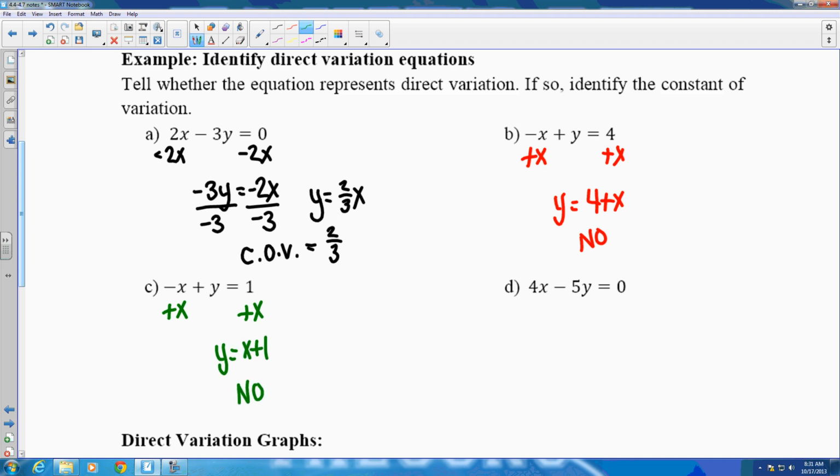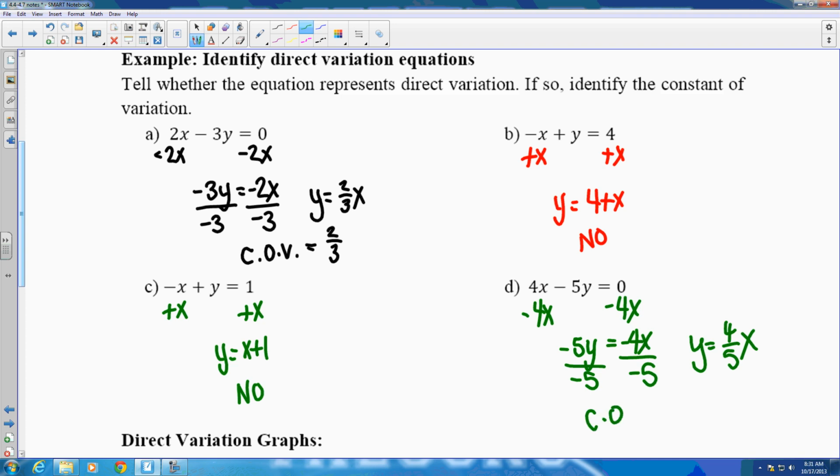This one is also not, because it is not strictly multiplication. D, divide by -5. Y equals 4/5 x, which is, because it's strictly multiplication, and the constant of variation is 4/5.